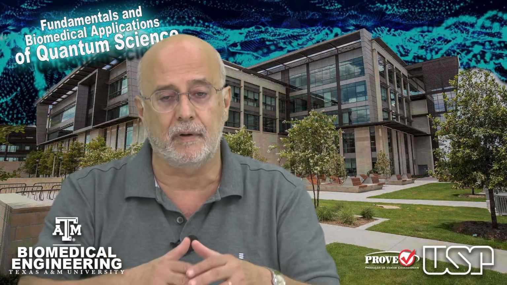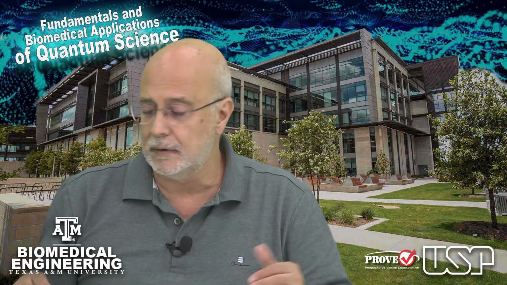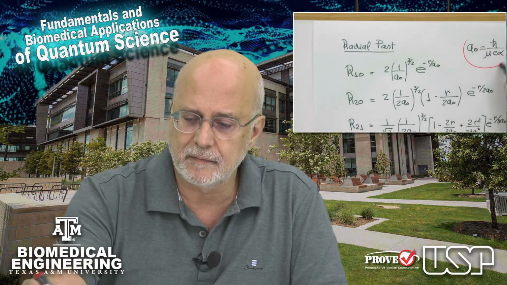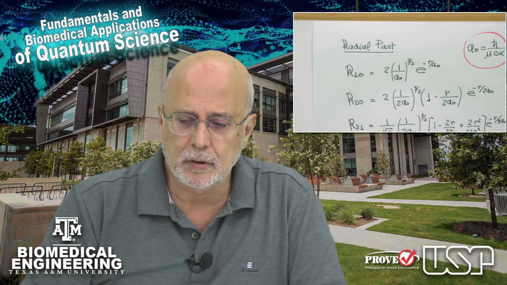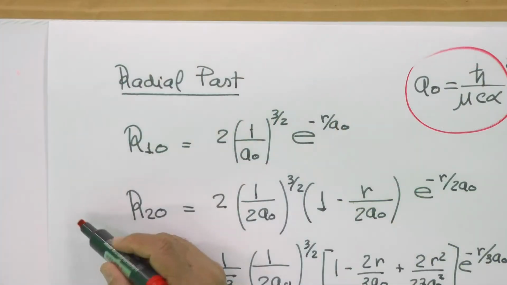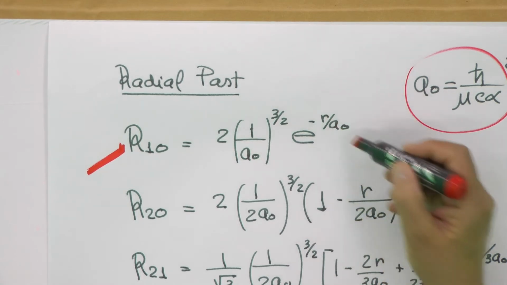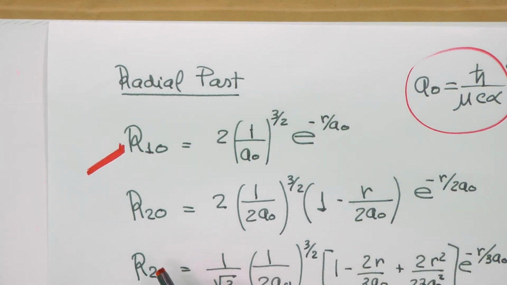Now, this is the angular part, but we could see the radial part as well. When we do the radial part, this is a constant. Let's call it the Bohr radius, and the radial part is an exponential type decay.